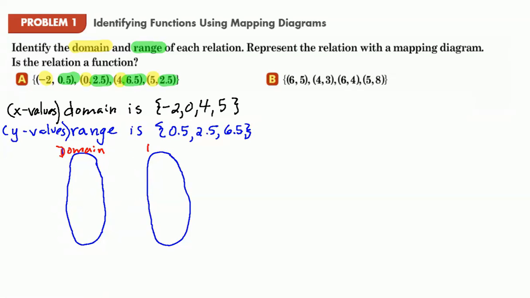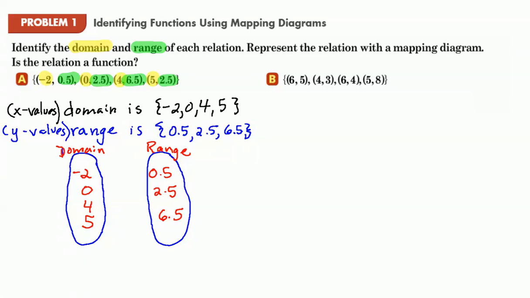The other one is going to be the range. We're going to copy these values down: -2, 0, 4, and 5. On this side, we're going to put 0.5, 2.5, and 6.5.